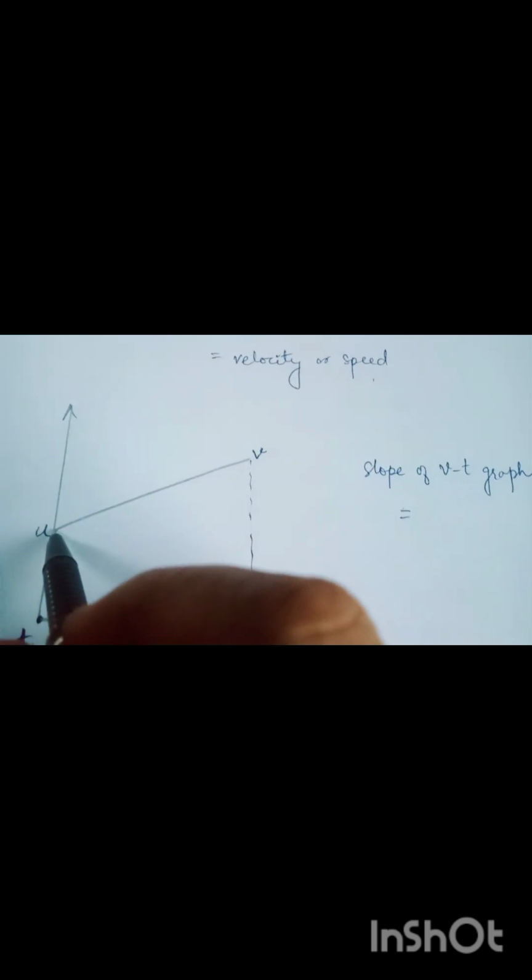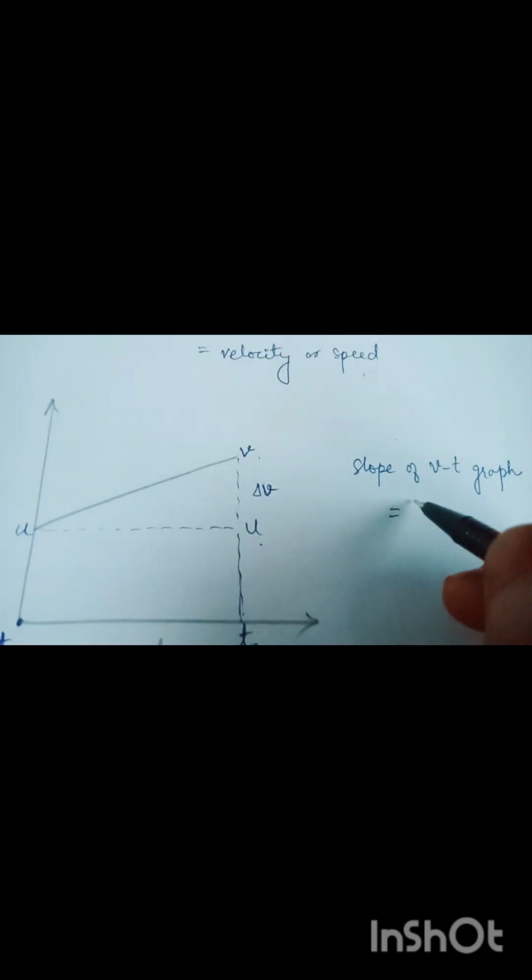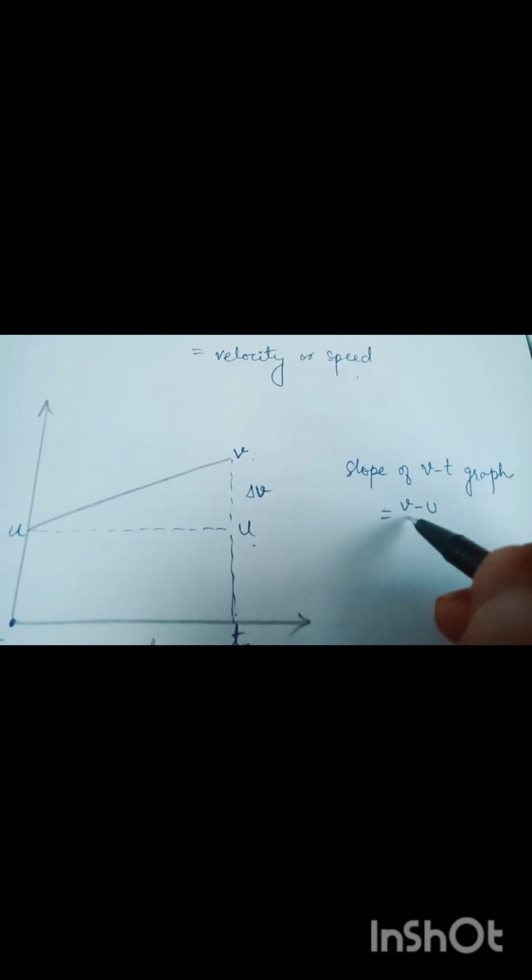What is the change in velocity? We can draw a line here. It is u here. So the change in velocity delta v is equal to the final velocity minus the initial velocity, that is, velocity at time t2 minus velocity at time t1. Velocity at time t2 is v and velocity at time t1 is u.